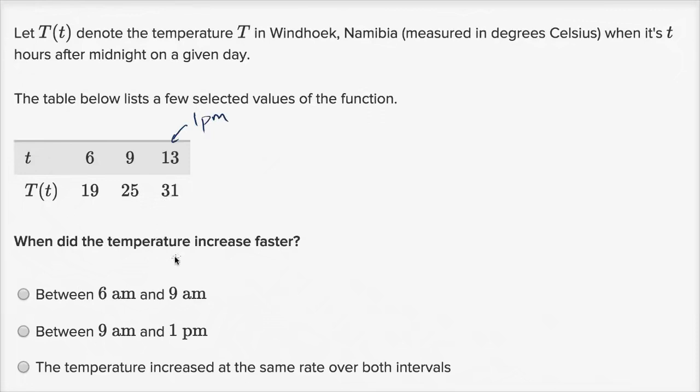When did the temperature increase faster? So this is between 6 and 9 a.m., or 9 a.m. and 1 p.m., so that's between these 2 points. Or did the temperature increase at the same rate over both intervals? Well, if we want to figure out the rate of increase, the rate of temperature change, this is going to be equal to our change in temperature, capital T, over our change in time.